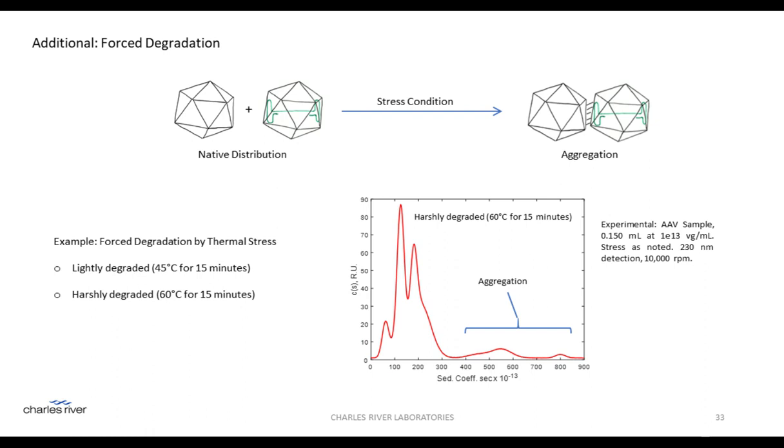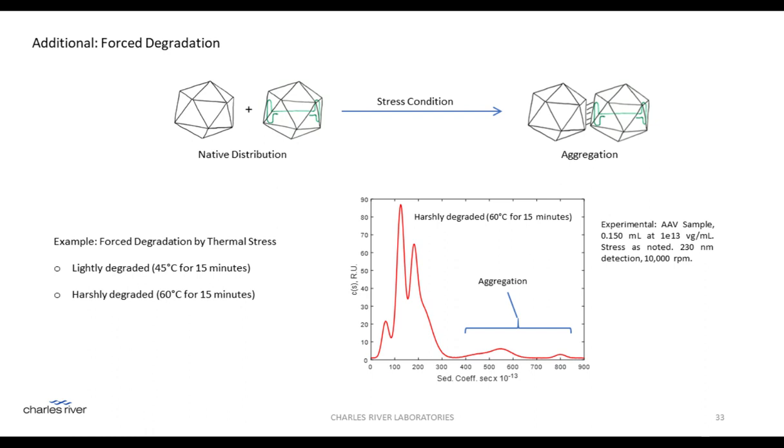Specifically, an AUC separation has no stationary phase or column matrix as does SEC. High molecular weight species, which may be present from capsid aggregation, can be trapped by HPLC columns and therefore missed by these types of assays.